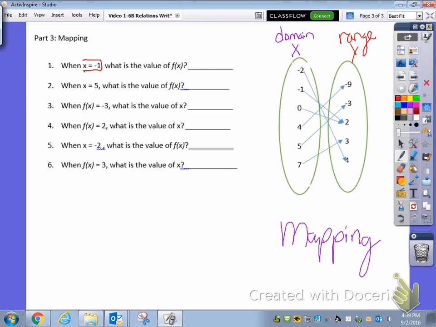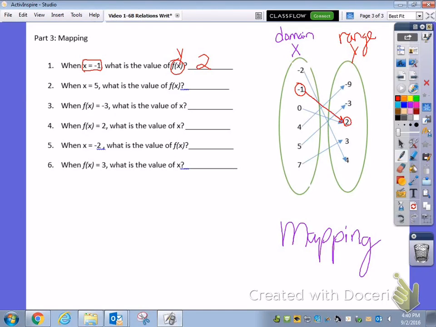X is negative 1. So when x is negative 1, I go to the negative 1 in the x column, and it's connected to 2 in the y column. So f of x equals 2. F of x is another name for y. So y equals 2.